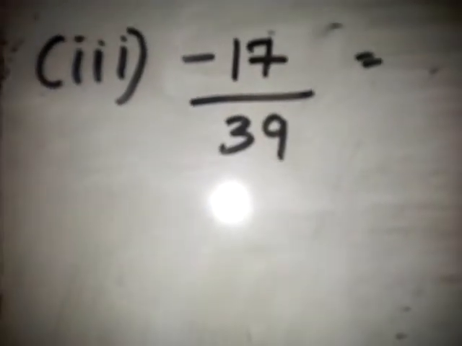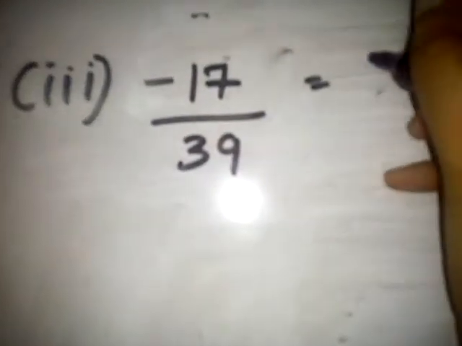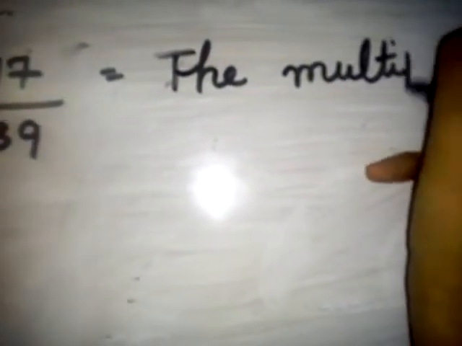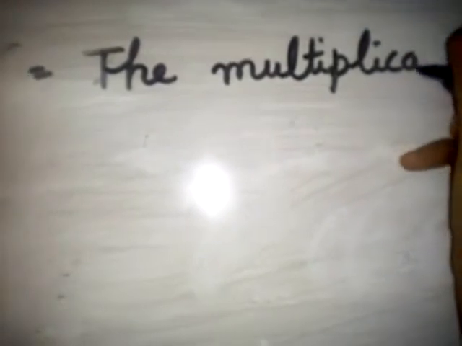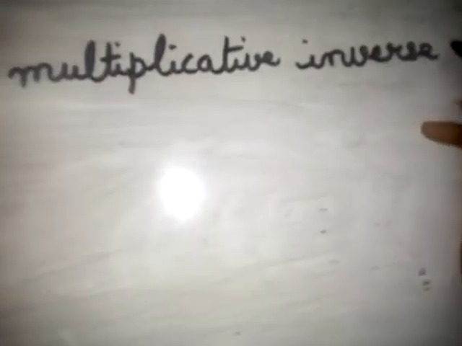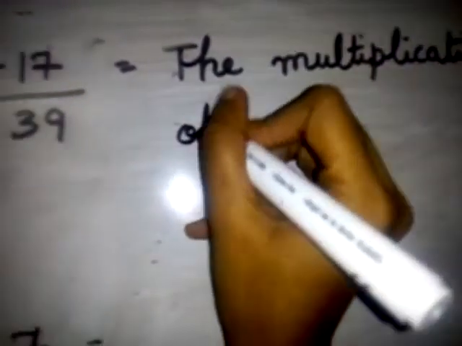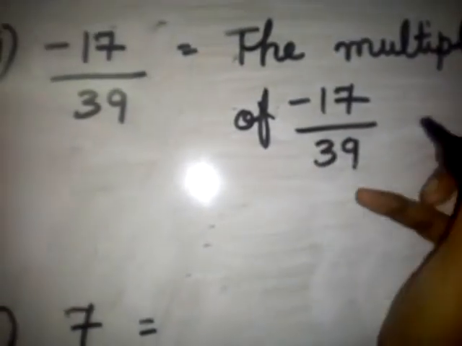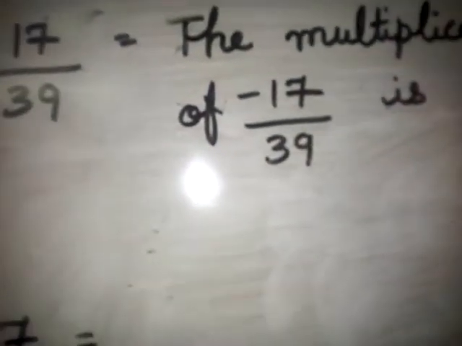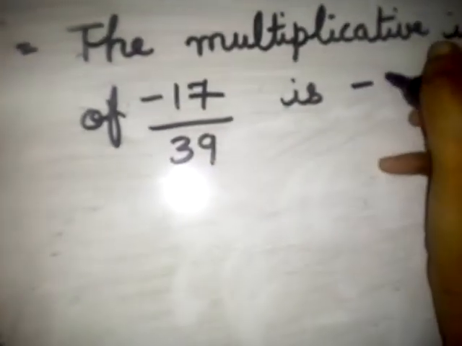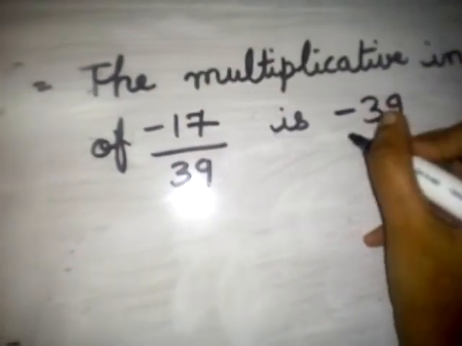Look at third one. Third one also is the same. The multiplicative inverse of minus 17 upon 39 is, numerator minus sign will remain as it is, minus 39 upon 17.